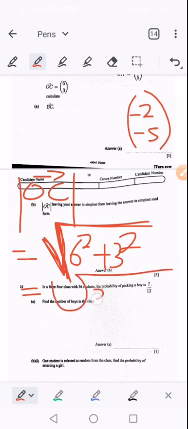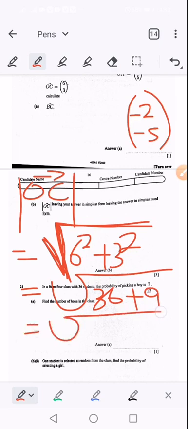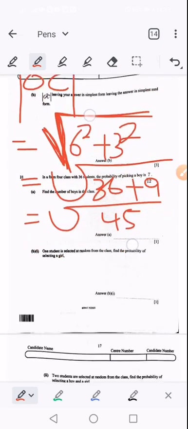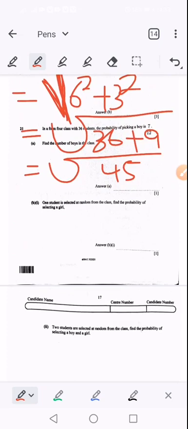Then going on, we get 36 plus 9, which is 45. Alright, with 45, what you do is try to expand it. You expand 45: what times what? What are the two factors that, if you multiply them, give you 45?